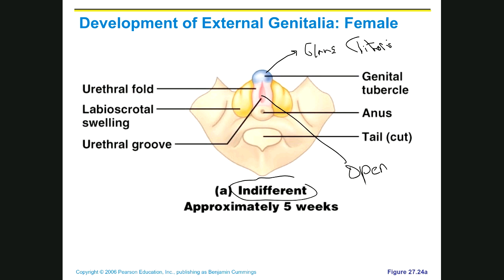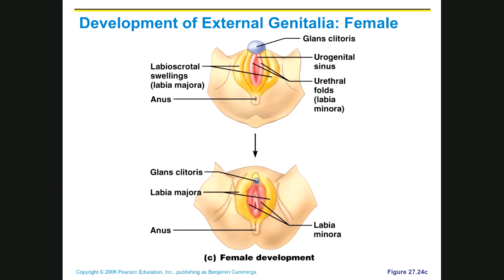These are going to become the labia majora, not a scrotum. And so if we look at that, it looks like this. So look, there's that opening. It's maintained. There's that glans. It's going to wind up looking like this. Here's the labia majora. And so when the baby's born, it's going to look something like this.